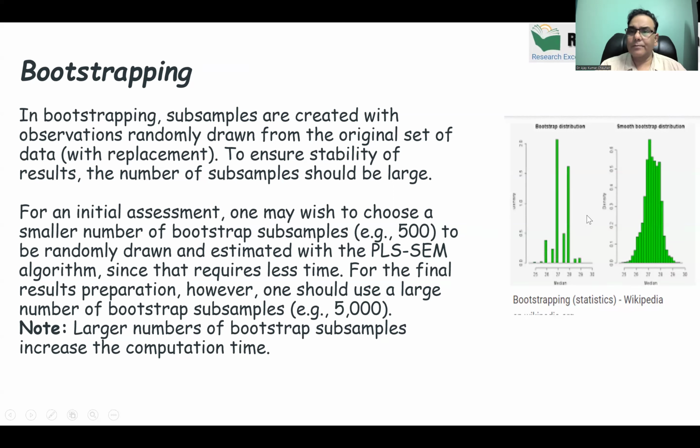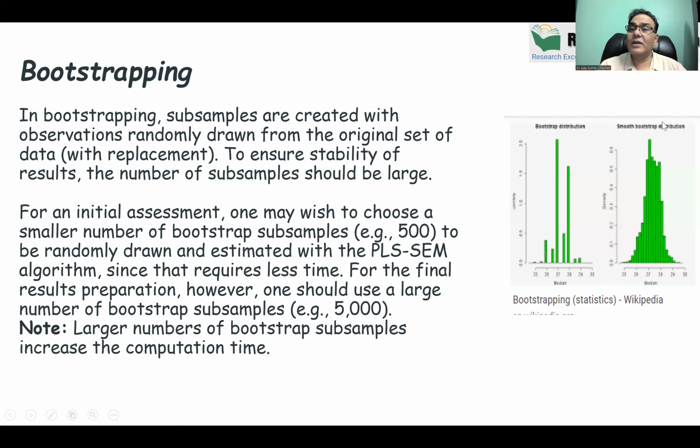Bootstrapping is a method to get normalized results. Like for example, if you see this distribution, it is not the normal distribution. So we do the bootstrap. If we do proper bootstrap, the distribution comes like this, and you can see it is near to the normal distribution.